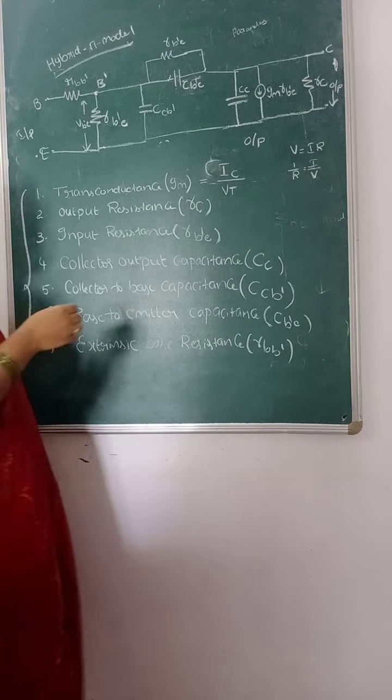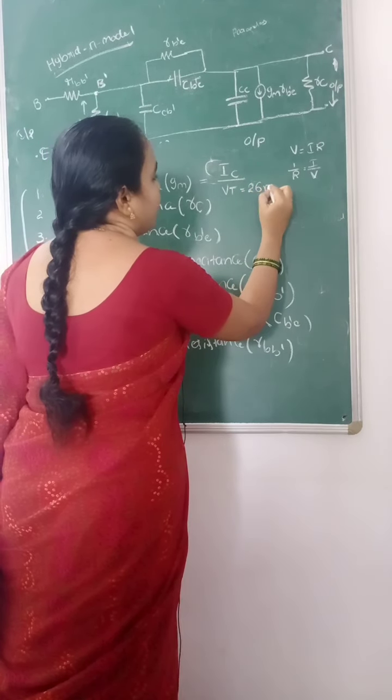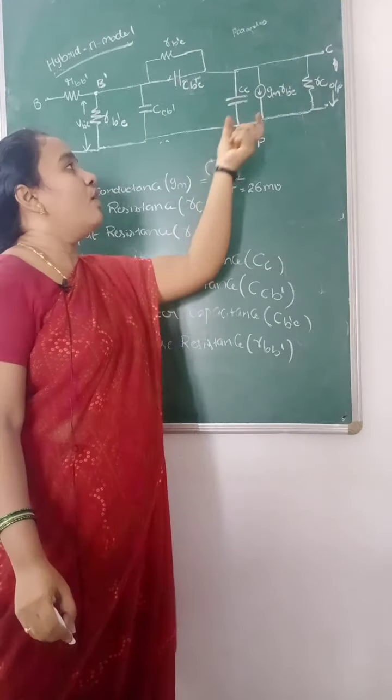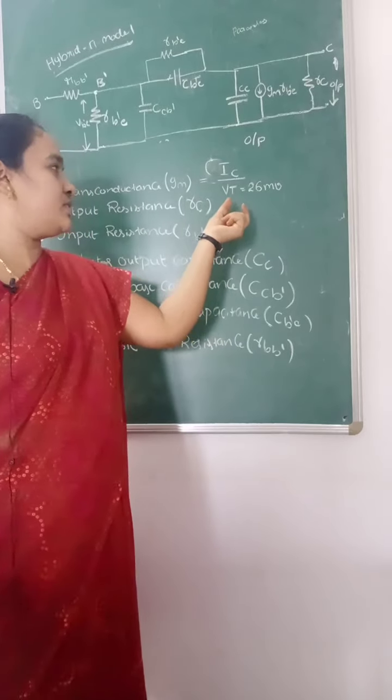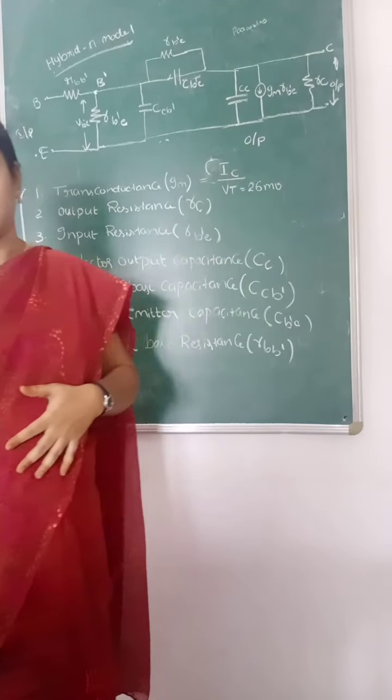Generally this threshold voltage is a fixed value. It is of the order of 26 microvolts. Transconductance is a function of collector current, and here Vt is the threshold voltage, which is the constant voltage offered by this output circuit, which is of the order of 26 microvolts for any transistor.